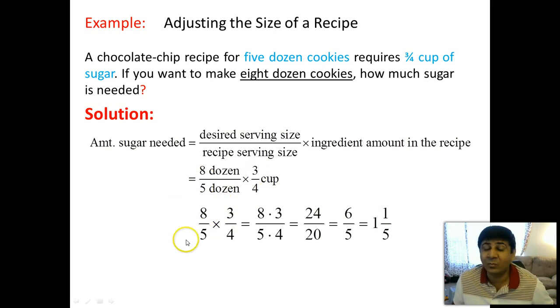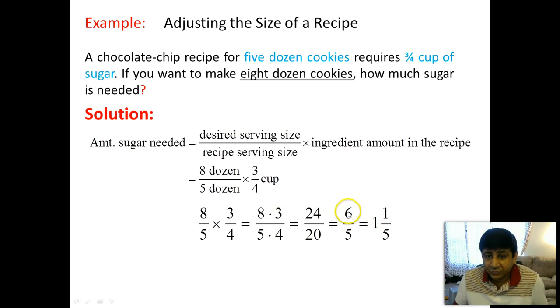So the problem boils down to how to multiply rational numbers, and you know how to do that. You multiply numerator with numerator, denominator with denominator. So 3 times 8 is 24, 5 times 4 is 20. Simplify to the lowest terms, so you get 6 over 5. Since we are talking about cups of sugar, it makes sense to write it as a mixed fraction.